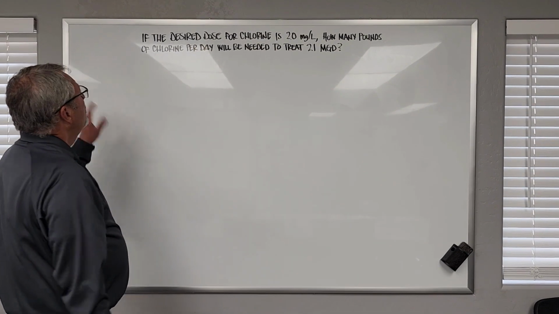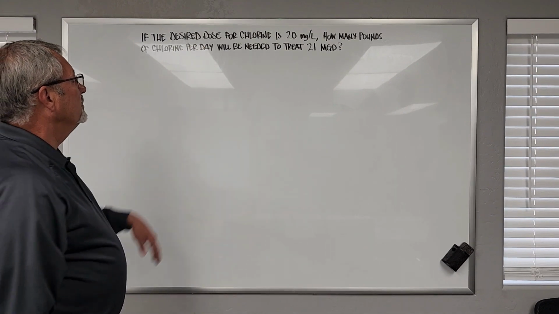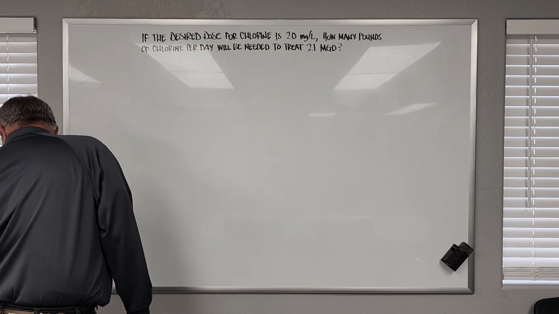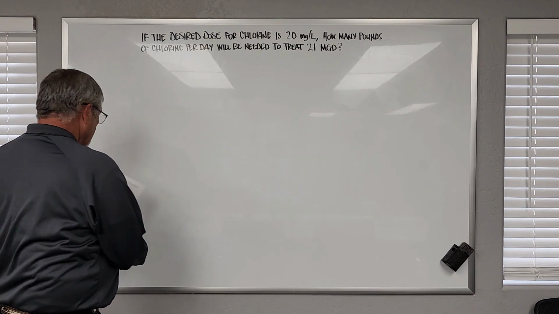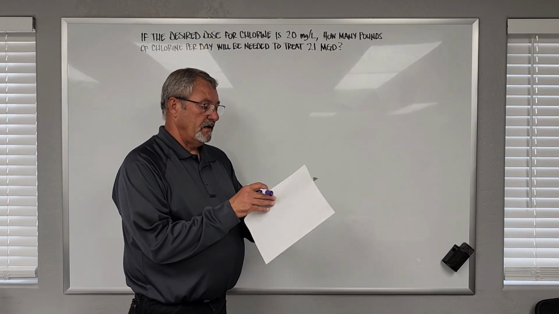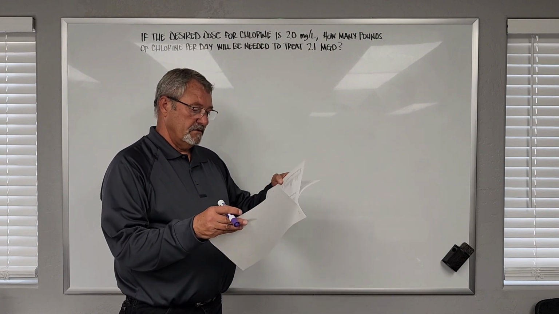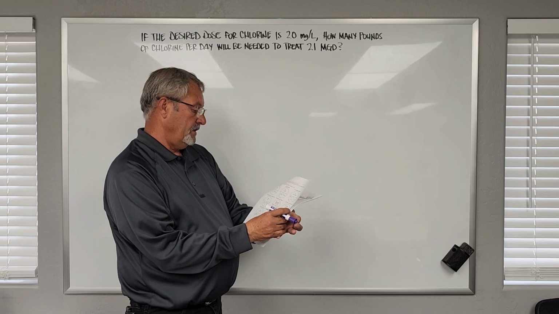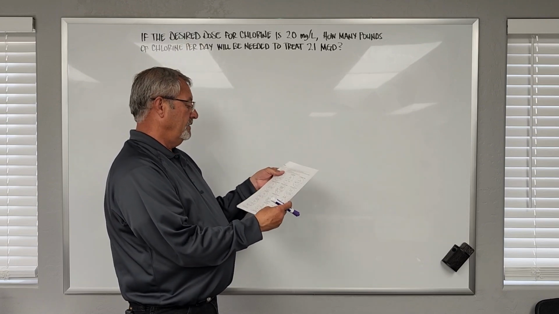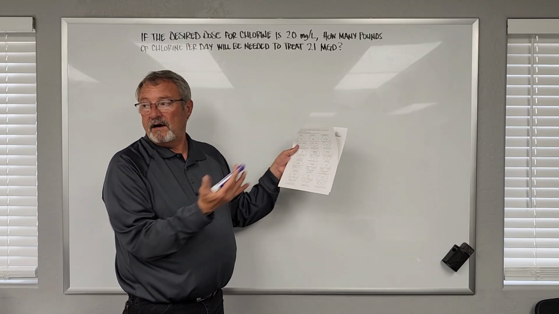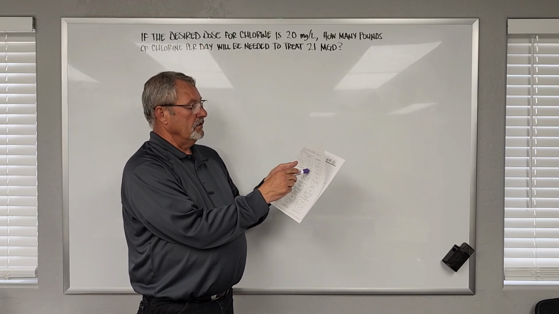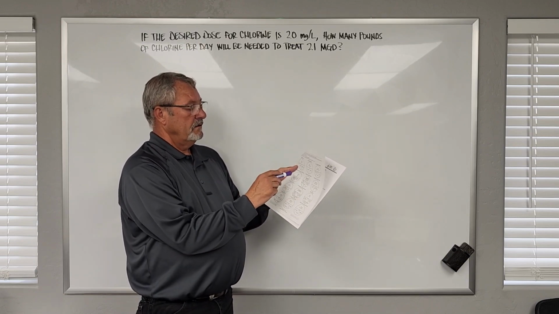So, the desired dose for chlorine is 2 milligrams per liter. How many pounds of chlorine per day will be needed to treat 2.1 MGD? I'm going to go to my math formula conversion table, my ABC formula conversions. Go to almost the last page, the very last page. And on here, you're going to see a bunch of diagrams of pies. We call these pie wheels. The one we're looking for is feed rate.